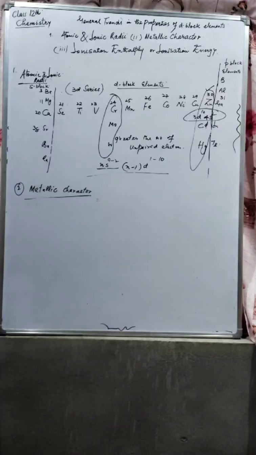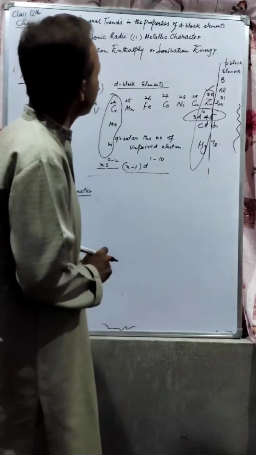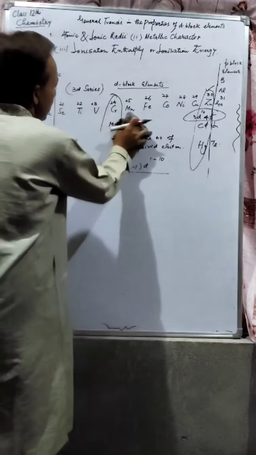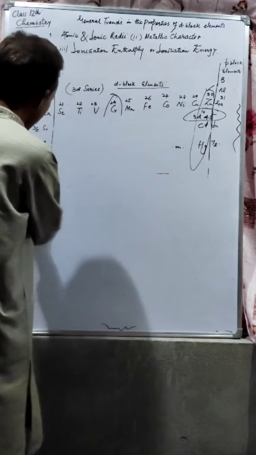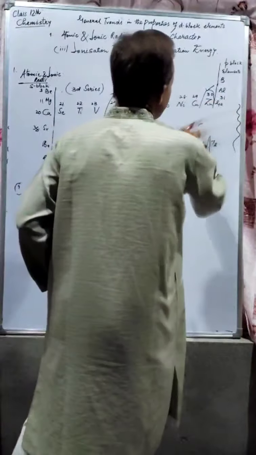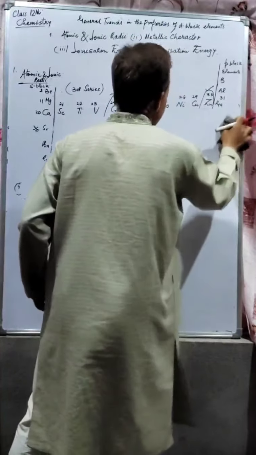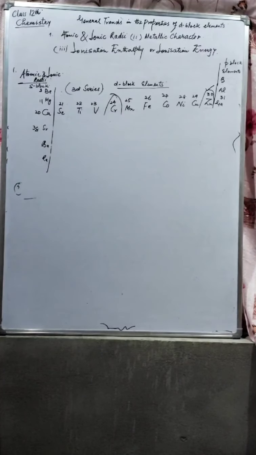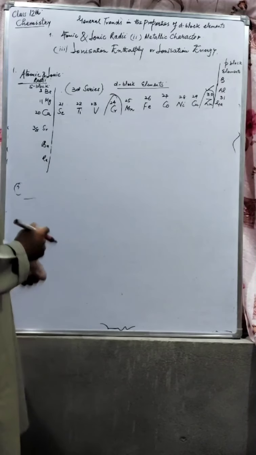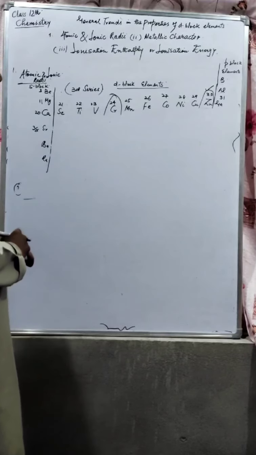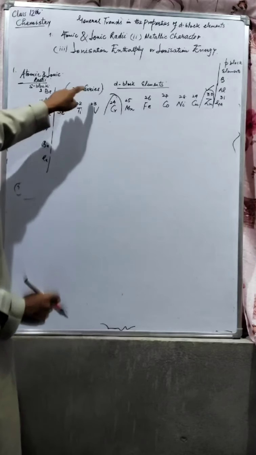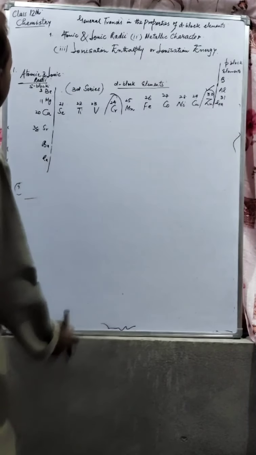Now we have the ionization enthalpy or the ionization energy, and to understand the ionization enthalpy, we have to write the outer shell electronic configuration of these elements. Let's take the ionization enthalpy of the first transition series, that is the 3d series.